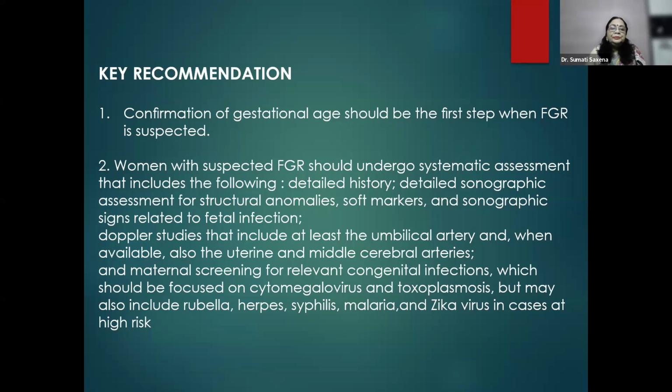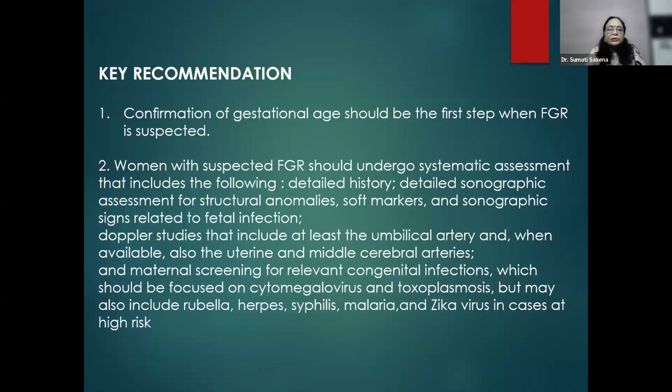Second, women with suspected FGR should undergo systematic assessment that includes the following: detailed history, detailed examination, detailed sonographic assessment for structural anomalies, soft markers, sonographic signs related to fetal infection.